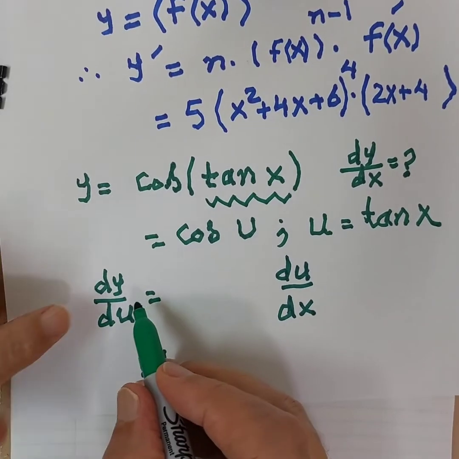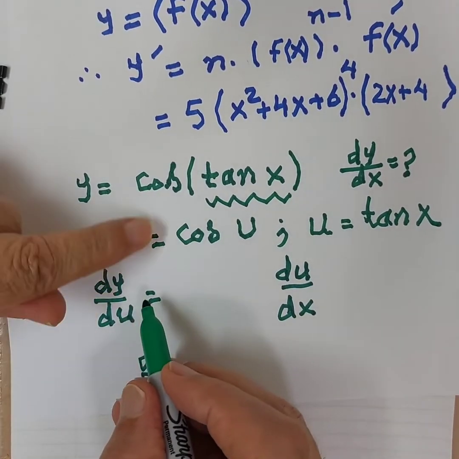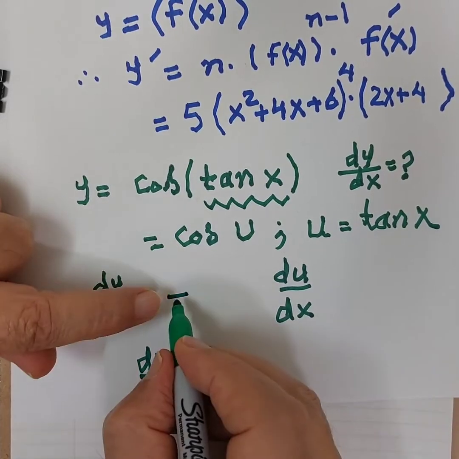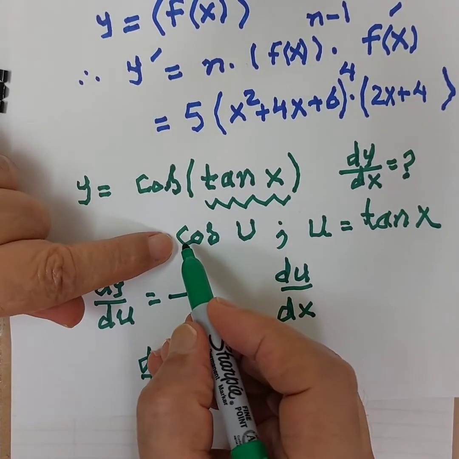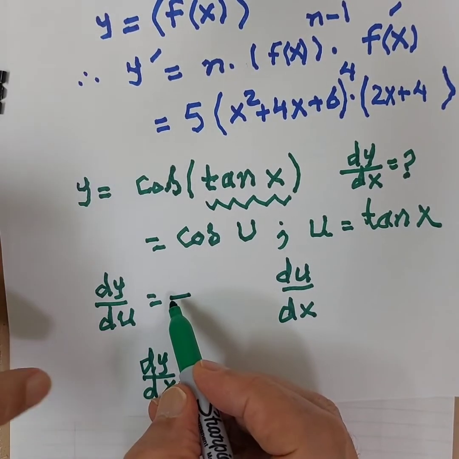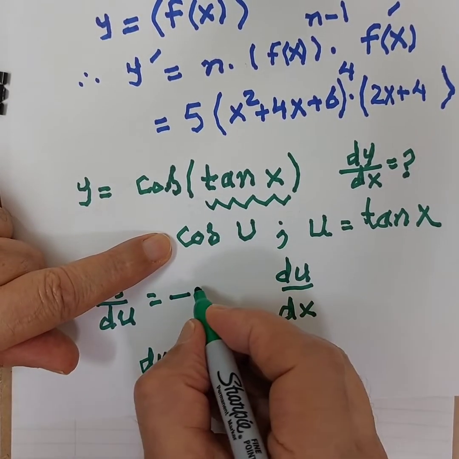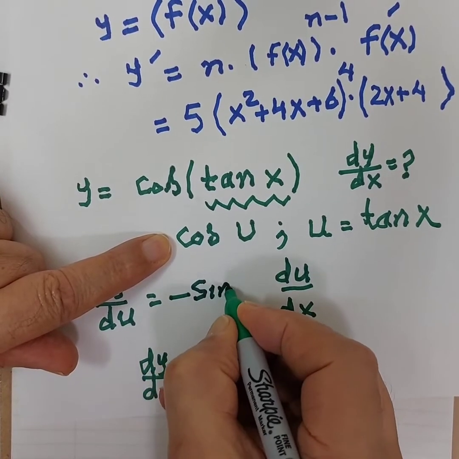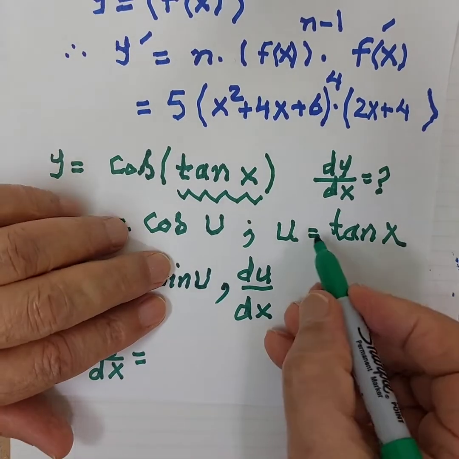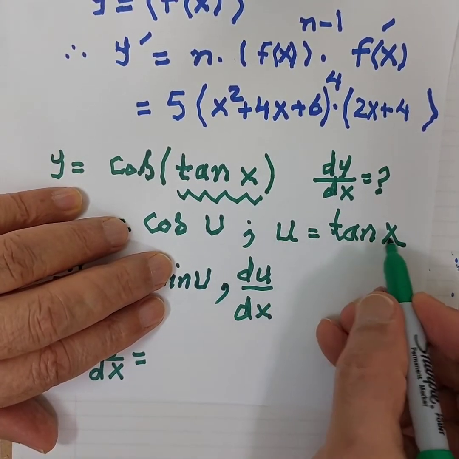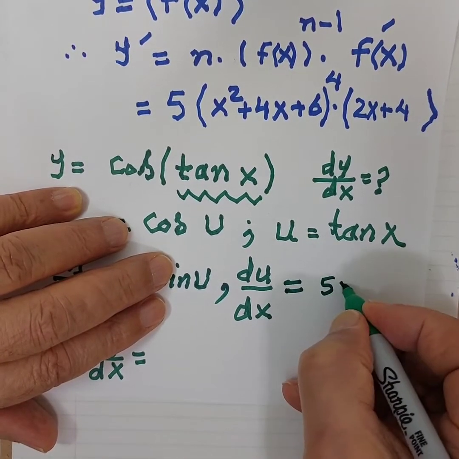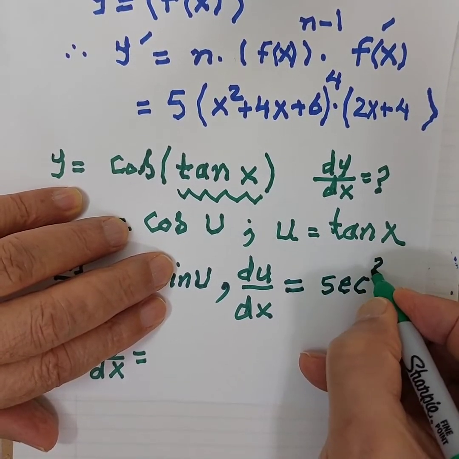The first one, dy by du, of cosine, its derivative has a minus. Remember, we said when we start with letter C, we put a minus in the derivative. So here it's minus sine u. And here, du by dx is equal to secant squared x.